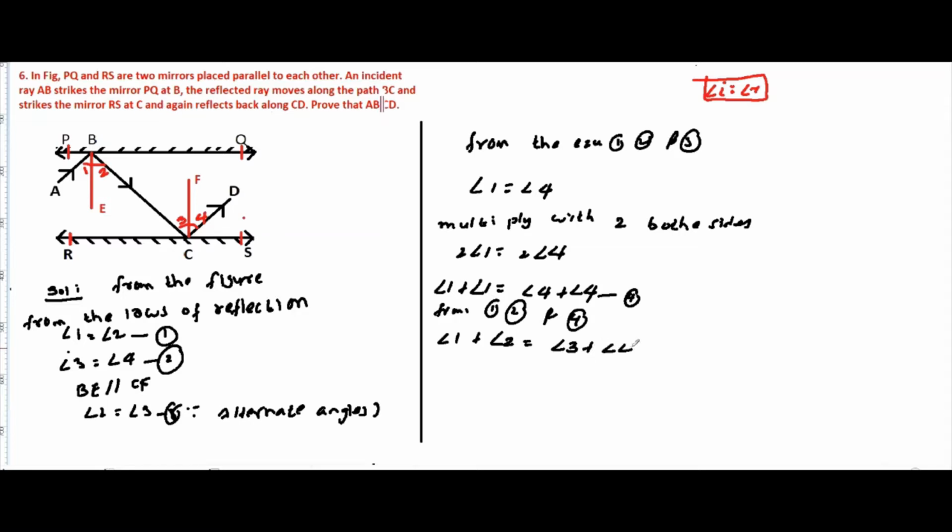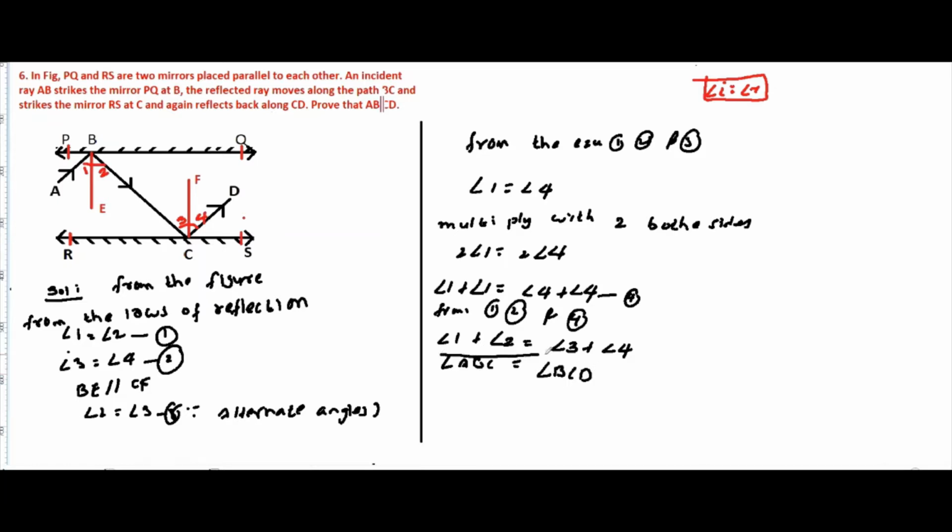Coming to the picture, angle 1 plus angle 2 is angle ABC, and in the same way angle 3 plus angle 4 is angle BCD. So angle ABC equals angle BCD.